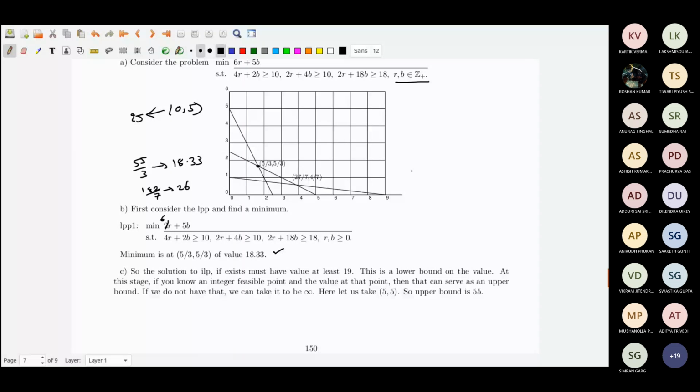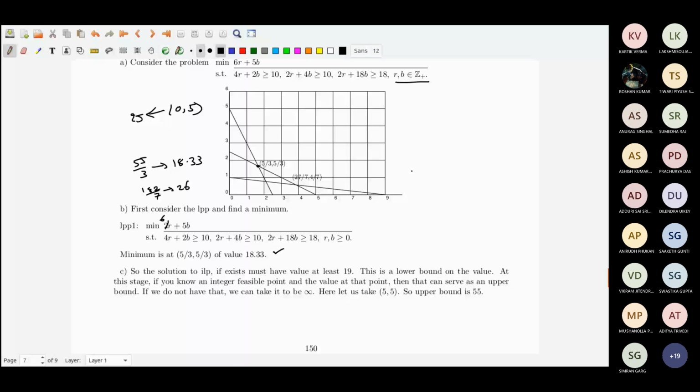At this stage, if you know any integer feasible point, I can take that into account and search for integer points having value less than that. That will be treated as an upper bound. If you do not know any, you just set it equal to infinity.